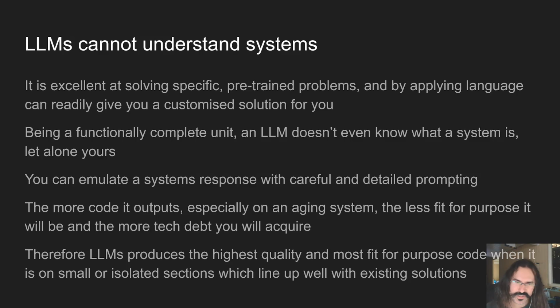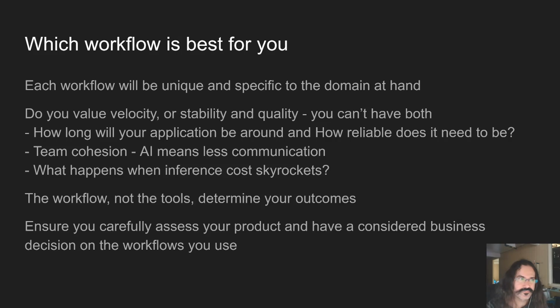However, the more coded outputs, especially on aging systems, the less fit for purpose your system will be, and the more tech debt you will acquire. So you can really sum it up with the fact that LLMs produce the highest quality code and most fit for purpose code when it is on small, isolated sections which line up well with existing solutions.